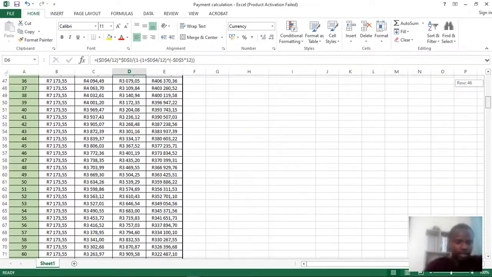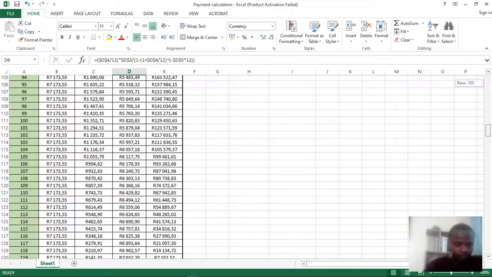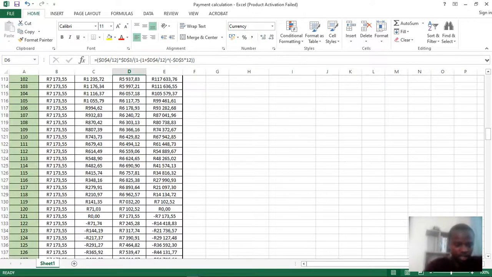And if you do that, that basically decreases the amount of years that you're going to be paying. So when you get all the way here to month number 120, that's where you'll be finished paying for your loan amount.